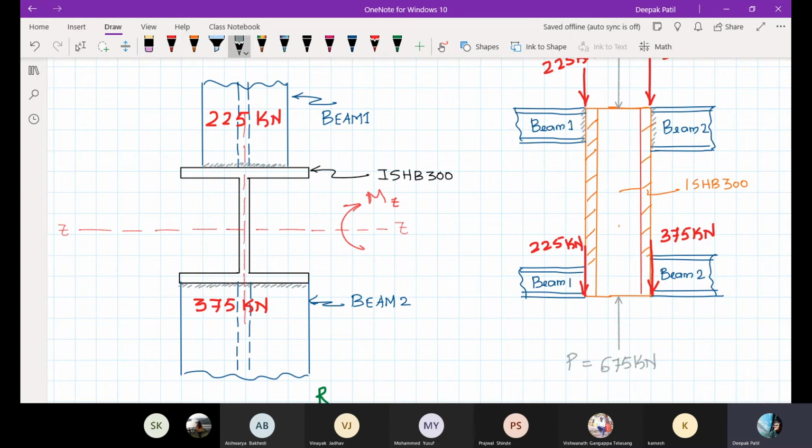Okay, one more question I will ask you, which is actually a clue. Whatever answer you give will be a clue on how to calculate Mz. Suppose the end reaction from this beam is 225 and the end reaction from this beam is also 225. Then what will be the value of Mz?